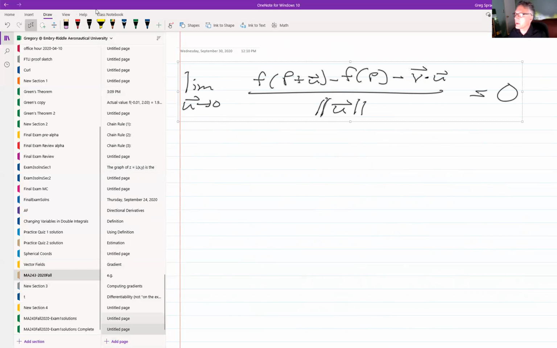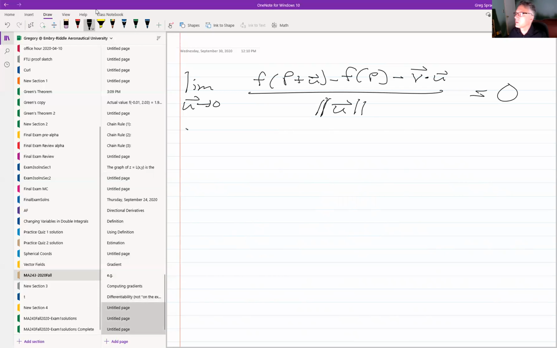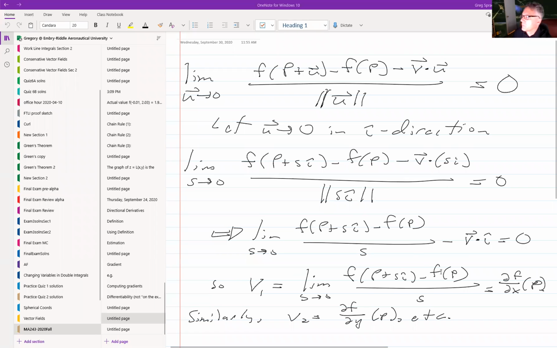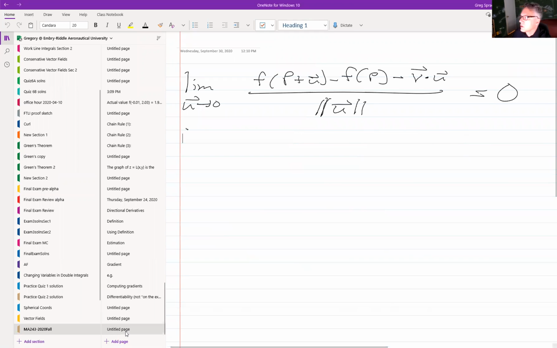So I'm going to do the same thing I did a second ago, except instead of going to 0 along the i direction, let's approach 0 in some other direction.